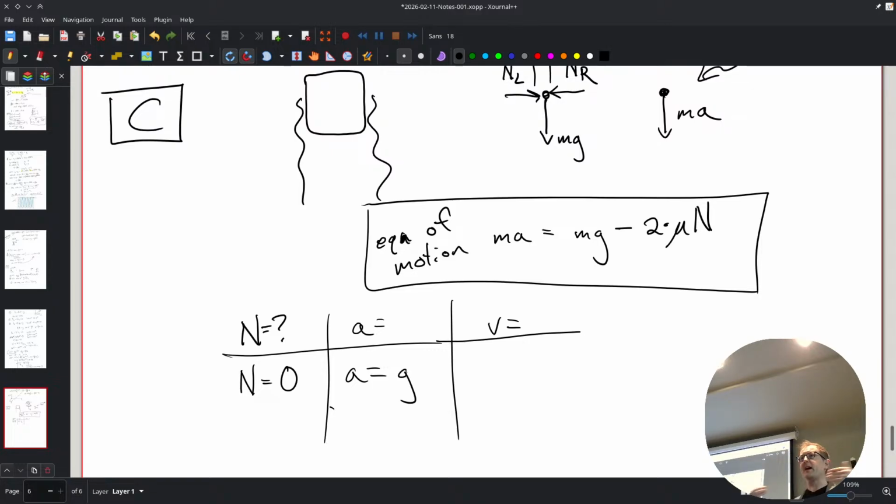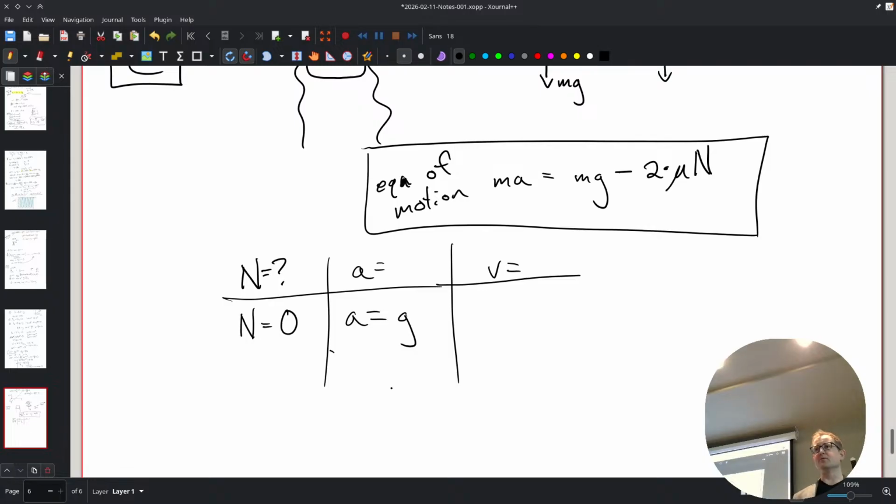We didn't apply any force, so friction has no effect. What would happen to V? What's our velocity then? It's our original 3 meters per second, like when we got to it, and then plus GT.